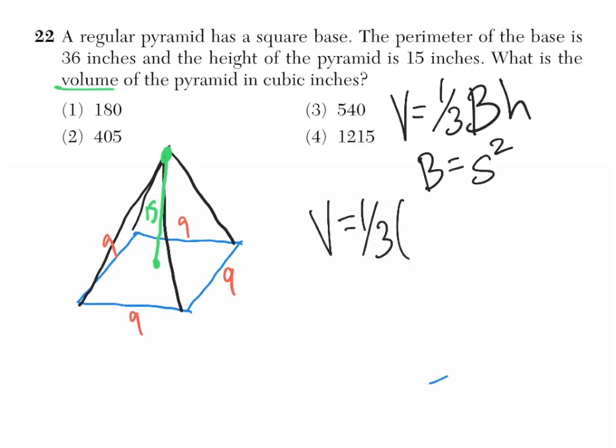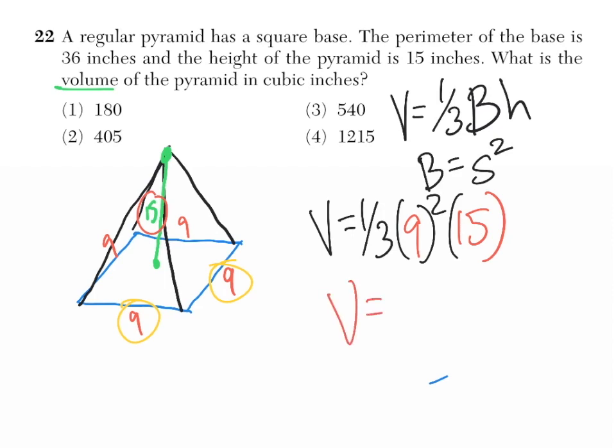What is the base? Well, the base is the side squared, so it's going to be 9 times 9. So we can simply write 9 squared times the height. What is the height? I can see that right here we indicated that it's 15. And when you plug that into your handy dandy calculator, you're going to get 405 cubic inches. And is that an option? It is. Option number 2.